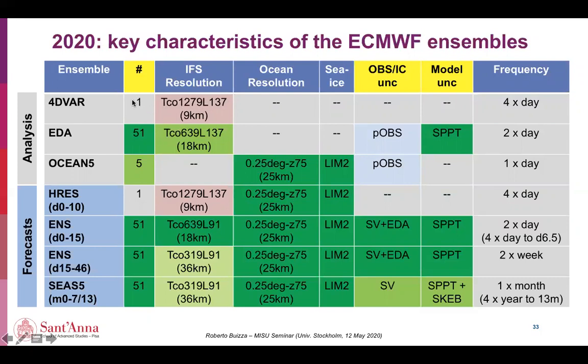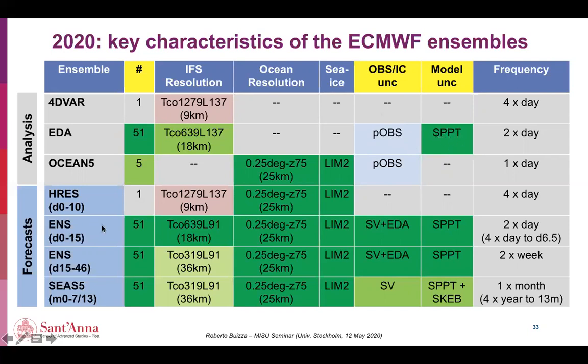Then this analysis uses a 51-member ensemble of data assimilation to compute flow-dependent statistics, and the ocean state is computed using a 5-member ensemble. These two systems take into account observation uncertainties by perturbing the observations, and the EDA also model uncertainty.